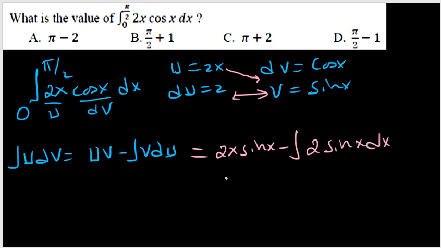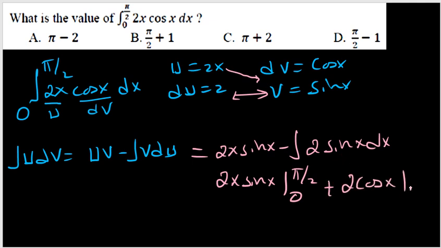So when you finalize it, 2x sin x, the evaluation is from 0 to pi over 2, minus the sine integral is negative cos, so plus 2 cos x from 0 to pi over 2. Then when you come to the evaluation, first of all insert pi over 2 everywhere.